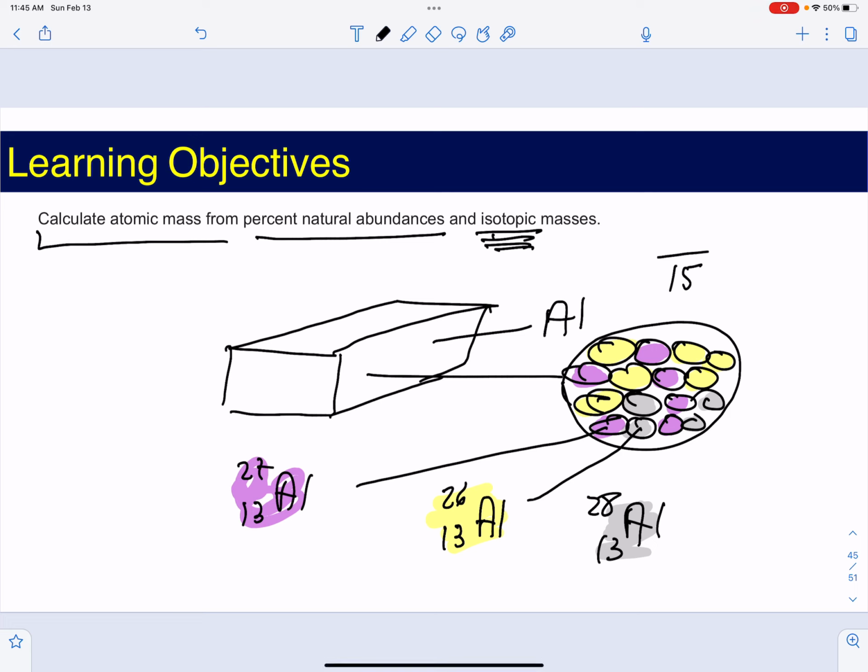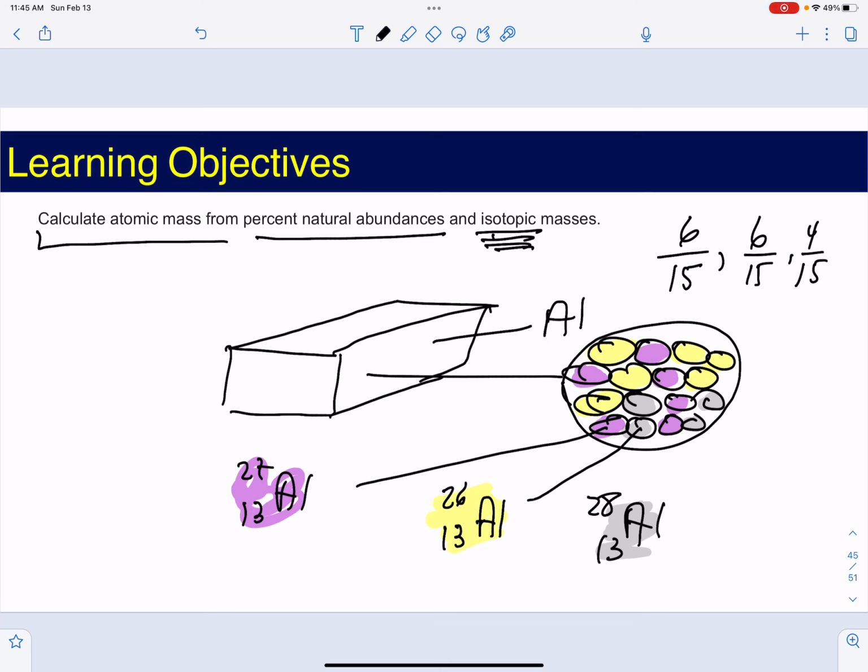The aluminum 27, we have 6 out of 15. The aluminum 26, we have 6 out of 15. And the aluminum 28, we got 4 out of 15. So the percentage of each one is different. So on this planet, since the planet was created, all the elements kind of have the same distribution.